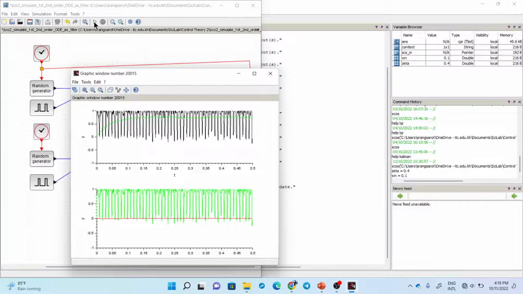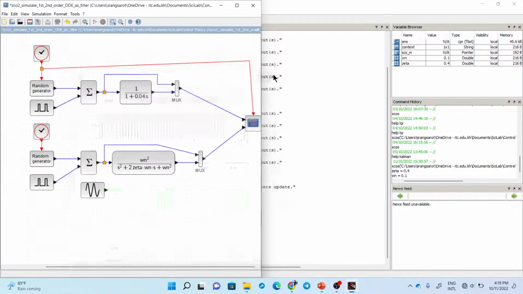And here it seems this is not right. Omega n should be large or small in this case? Omega n is the natural frequency. I guess omega n should be large. Yes, omega n should be large.